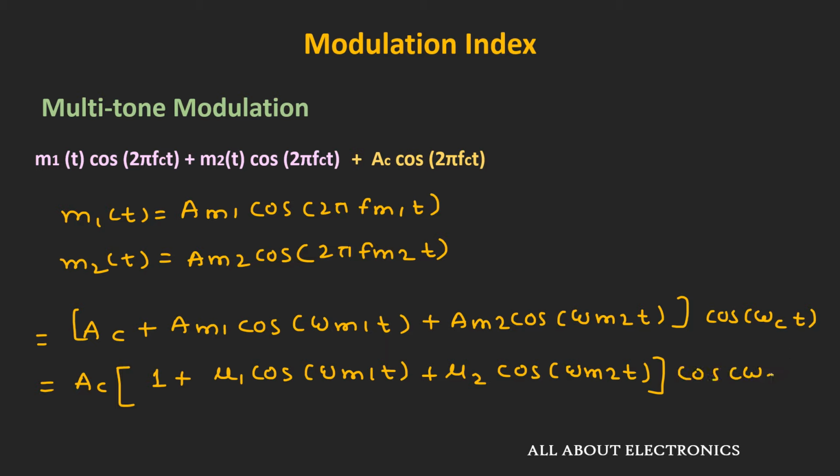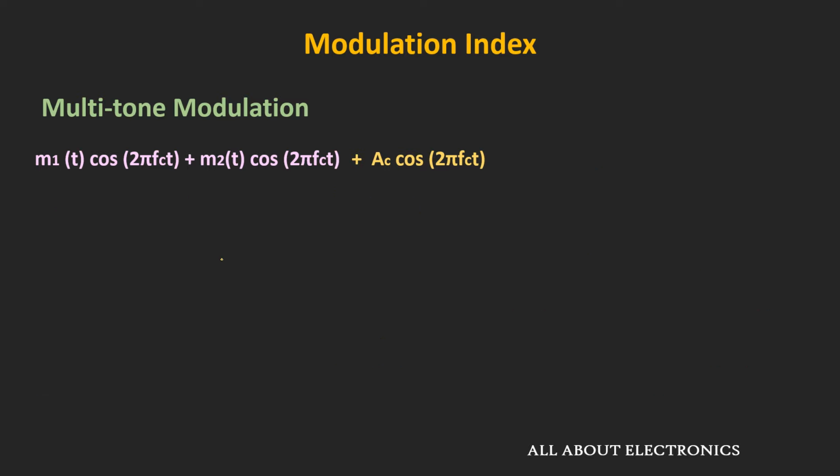So here this mu1 is equal to Am1 divided by AC, while this mu2 is equal to Am2 divided by AC. So these two are the individual modulation indices for the two sinusoidal signals. And if we see the effective modulation index or the total modulation index, then it will be equal to square root of mu1 square plus mu2 square.